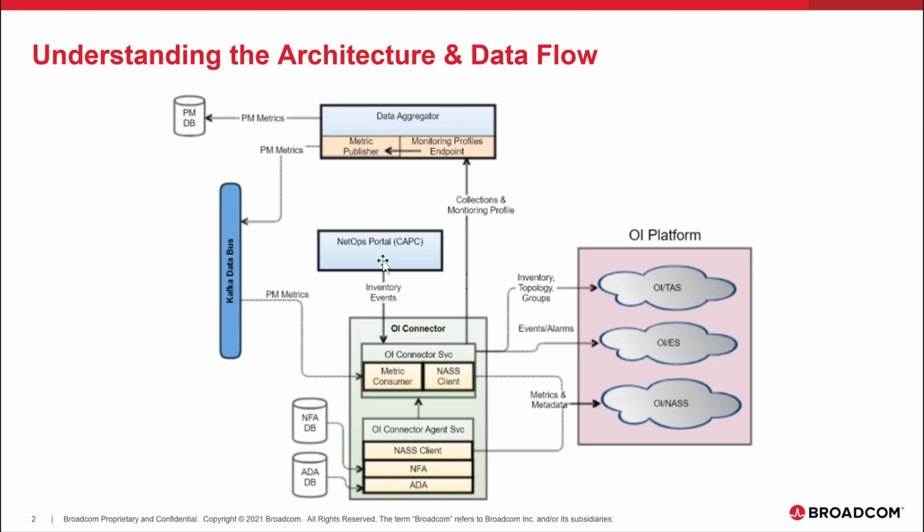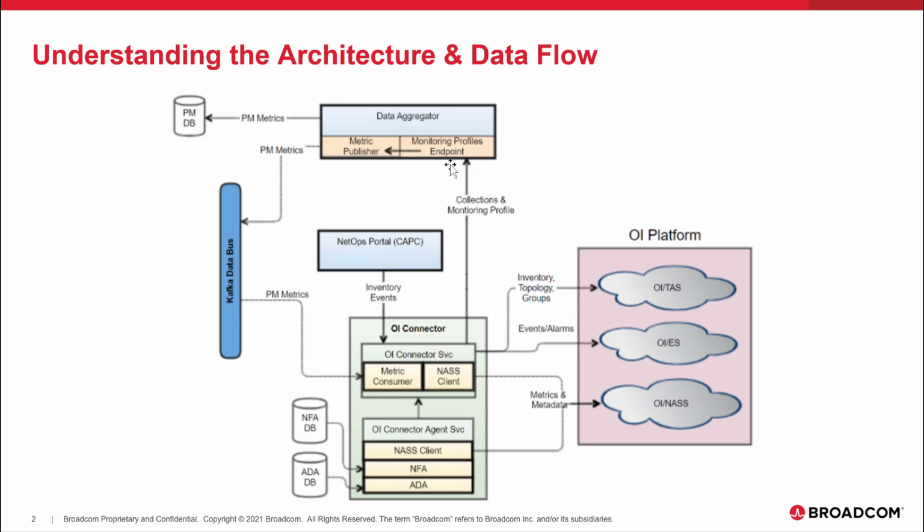Now on the metric side, within PM, the data aggregator component contains a metric publisher, which essentially enables forking of metrics onto a data bus at the same time they are loaded into the PM database. And additionally, the metric publisher has a subscription REST API.